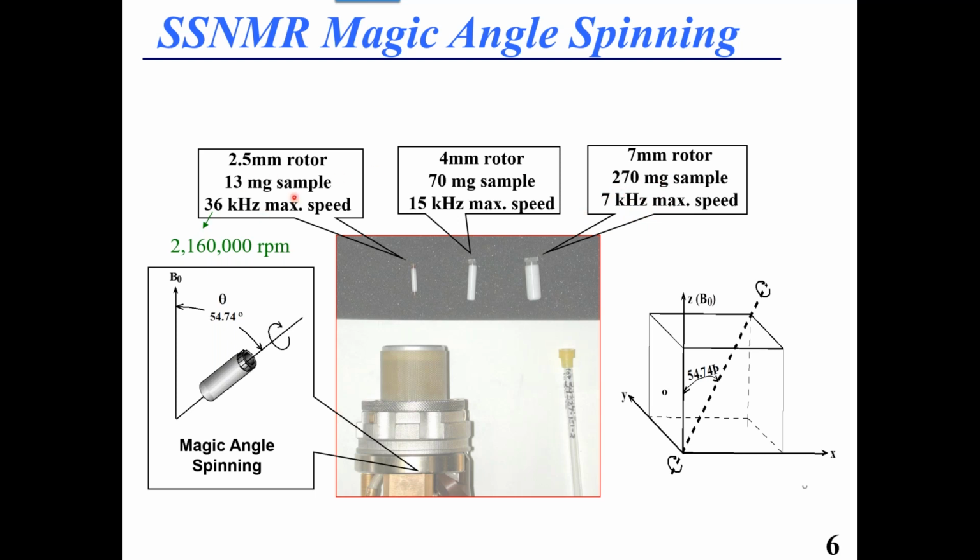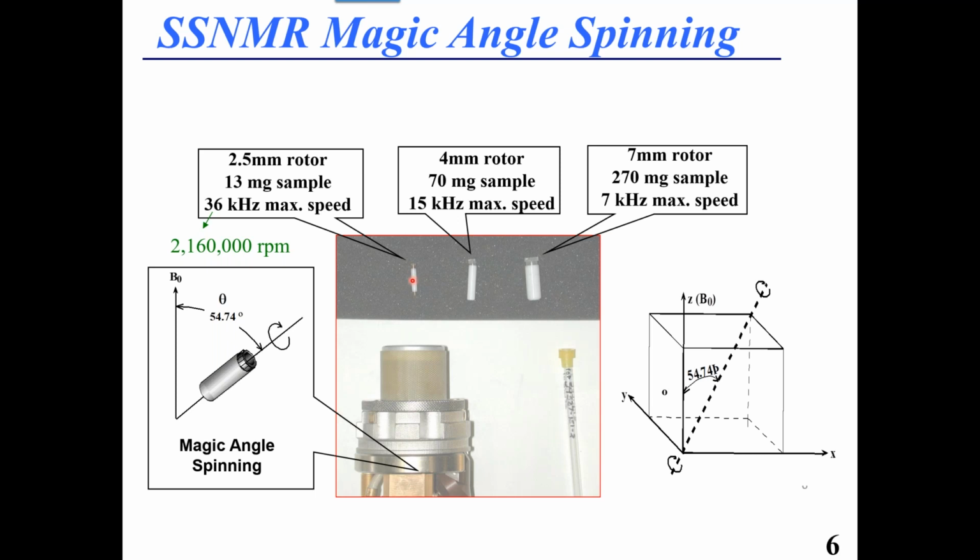Of course, on the other side of the spectrum, this slide is, by the way, more than a decade old. So in early 2000, this was the rotor with the maximum spinning speed. Nowadays, the record, I don't even know, but I believe it's reaching, if not already at, 200 kilohertz. It's amazing. And the rotor size is much smaller, with an external diameter much smaller than 1 millimeter, 0.7 or maybe even smaller.